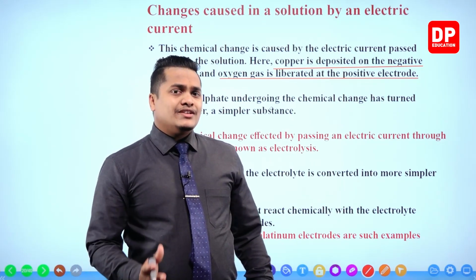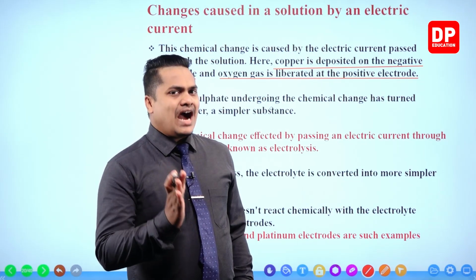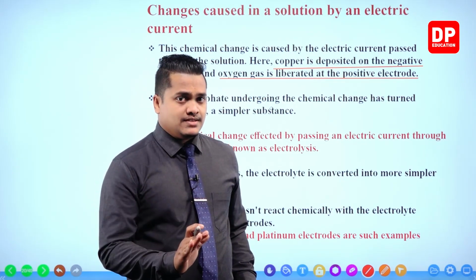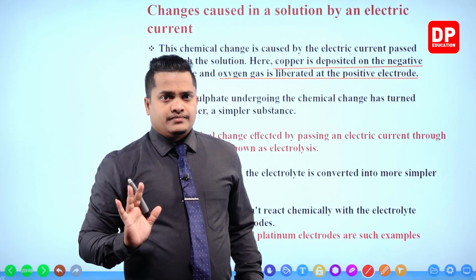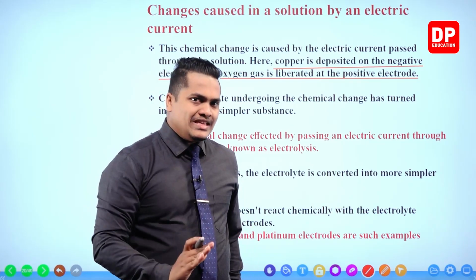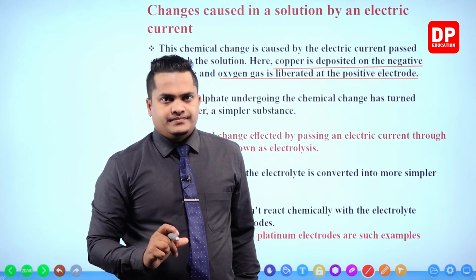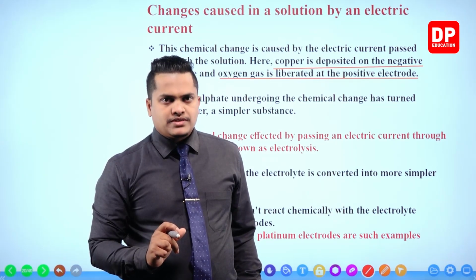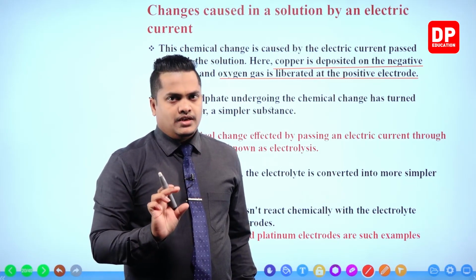So in the copper sulfate solution, my dear children, copper is present as ions, as copper plus, and sulfate as negative ions. So the copper ions present within the solution converted into copper solid, and it is getting deposited on the negative terminal.